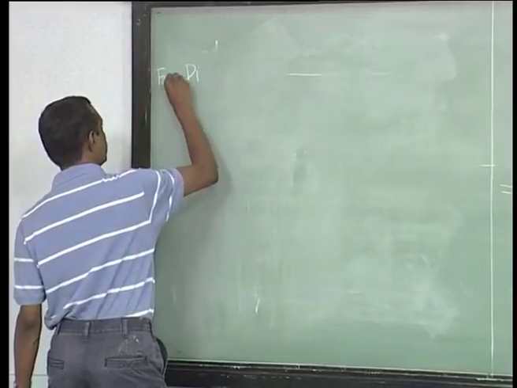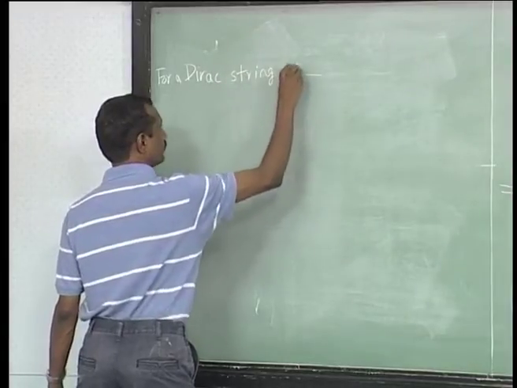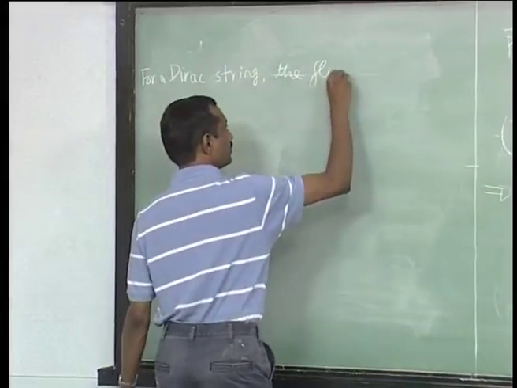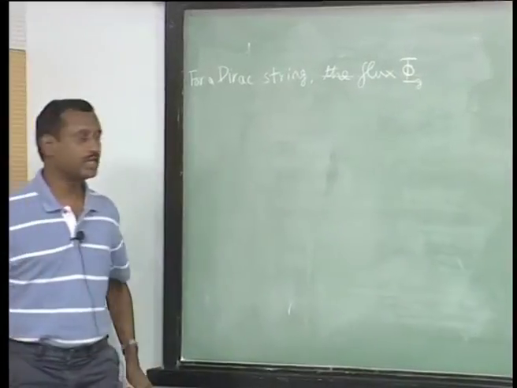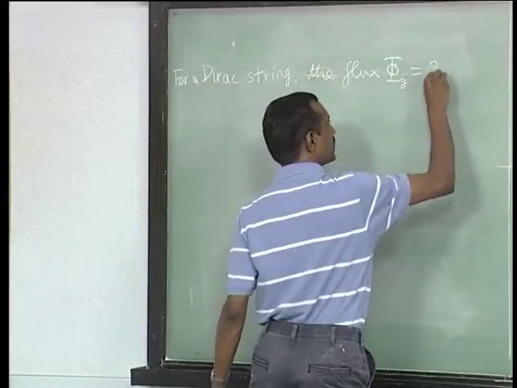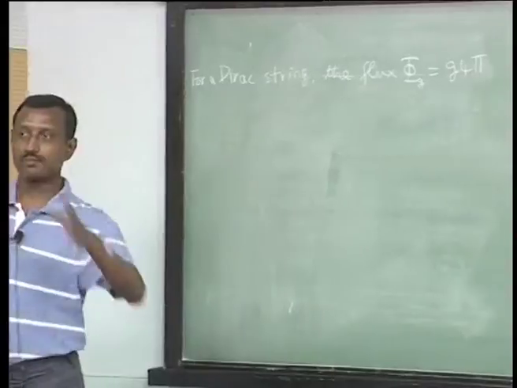For a Dirac string, the flux phi due to the monopole of strength G would be G times 4 pi, because we are talking of the flux.